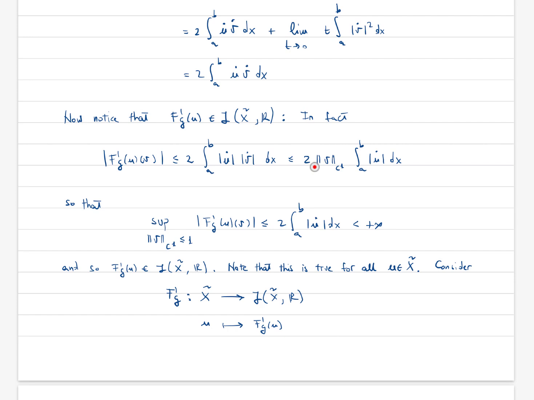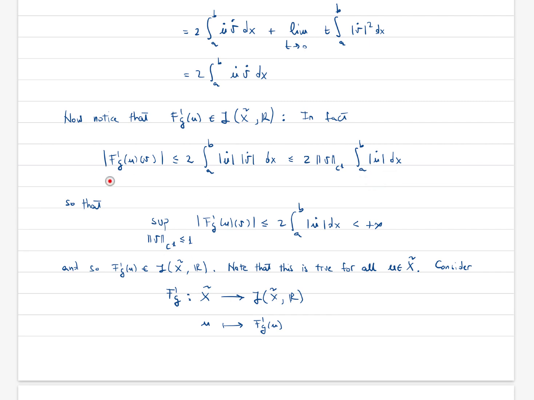And here we can just take outside of the integral the supremum in x of the absolute value of v dot, which is less or equal than the C1 norm, because the C1 norm was defined as the sum of the absolute value of v, plus the supremum of the derivative. So we end up with this constant here times the absolute value of u dot.